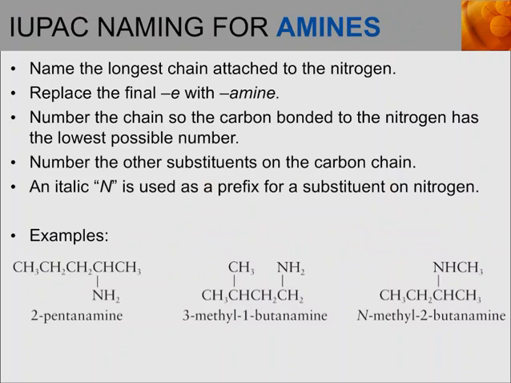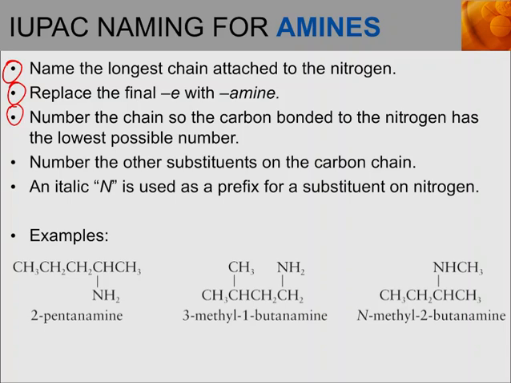Now, how do we use the IUPAC naming scheme? In this version, we're going to, as usual, name the longest chain that's attached to the nitrogen. Then we're going to replace the final E with amine, so super easy. And then we want to number the chain so that the carbon bonded to nitrogen has the lowest possible number so that we can tell people where nitrogen is actually attached.